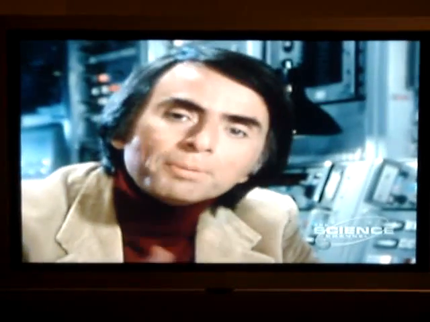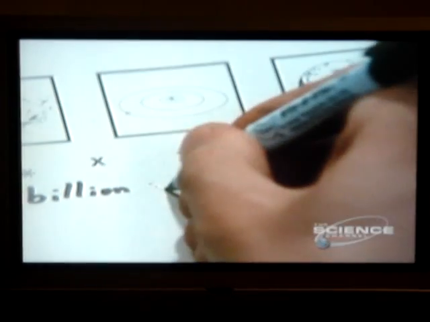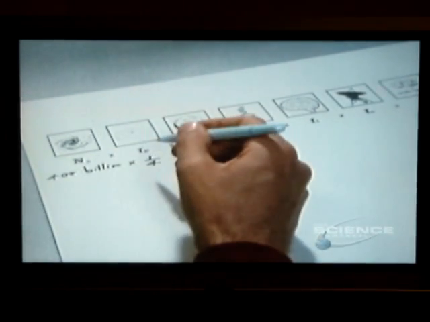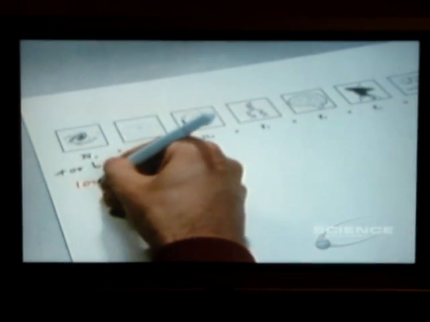Well, in studies of double stars, in investigations of the motions of nearby stars, and in many theoretical studies, we get a strong hint that many, perhaps even most stars, are accompanied by planets. So let's take F sub p, the fraction of stars that have planets, as a quarter. Then the total number of planetary systems in the galaxy is 400 billion times a quarter, or 100 billion.